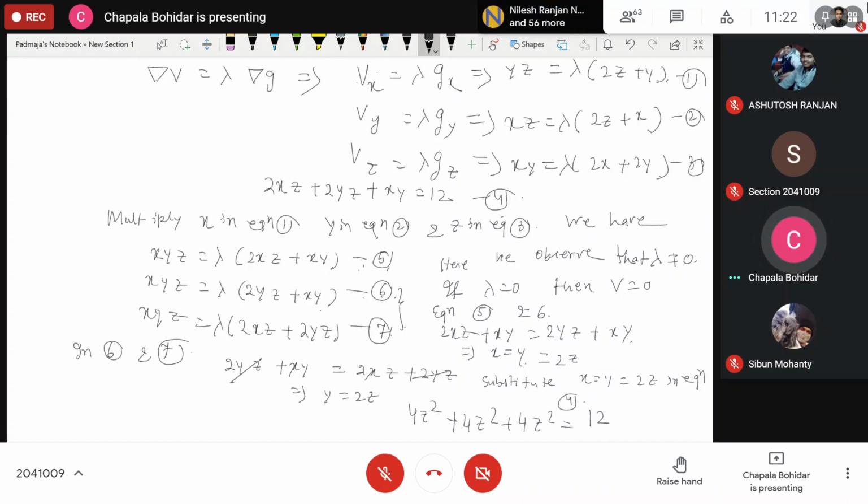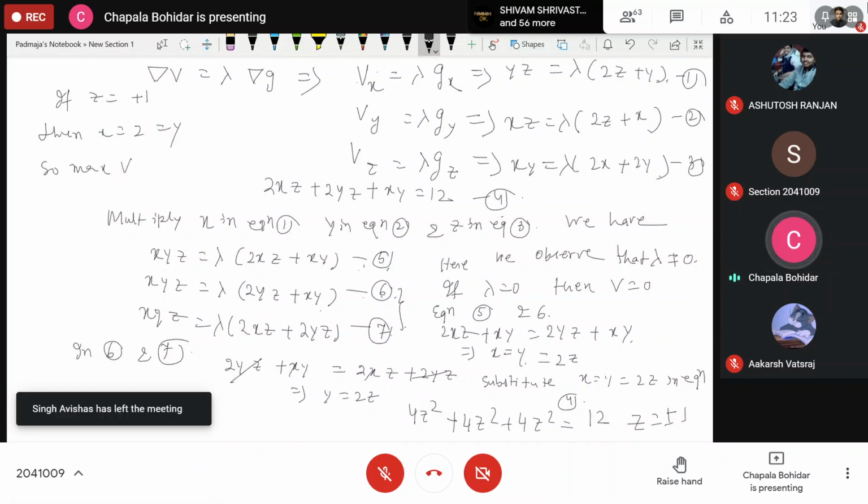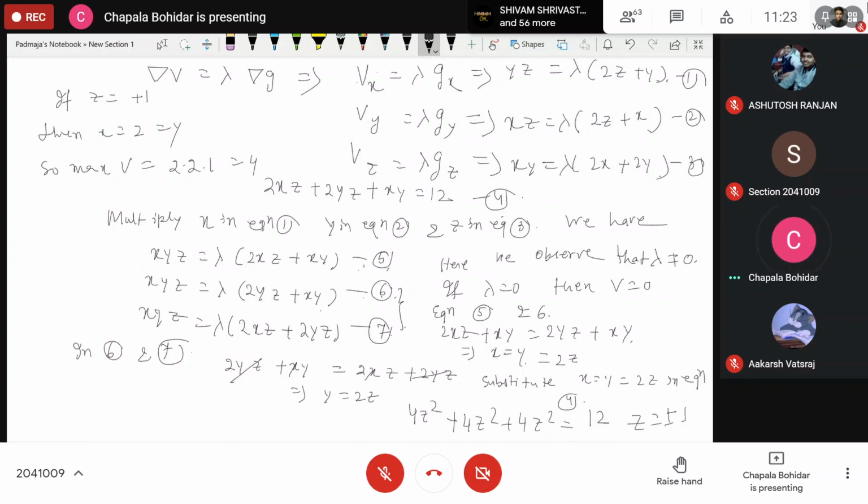So what is the value of z? z square is equal to 1, z is equal to plus minus 1. We cannot consider the negative value, we consider plus 1. If z is plus 1, then x is equal to 2, y is equal to 2. So the maximum value is 2 into 2 into 1, we are getting 4.